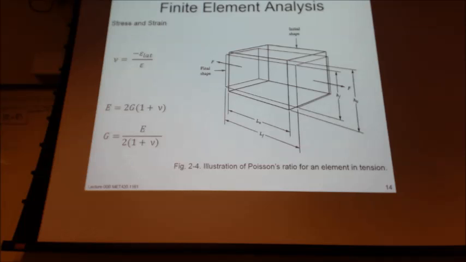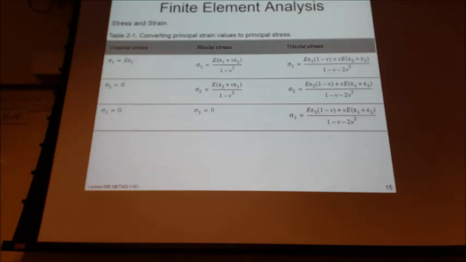The three elastic constants, E, G, and nu for Poisson's ratio, are related in those bottom two equations. And we have a table of strain values to principal stress and how to calculate them, just sort of reference material.